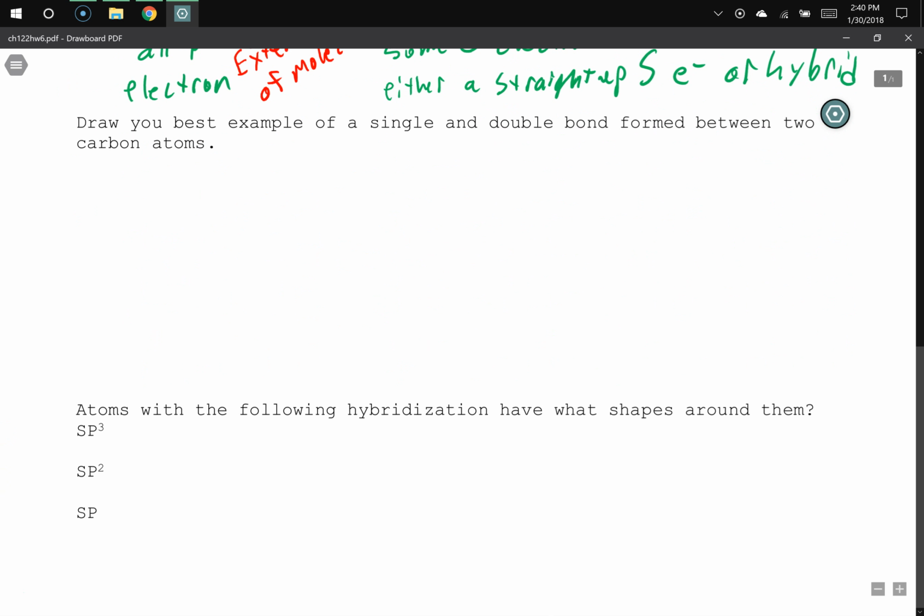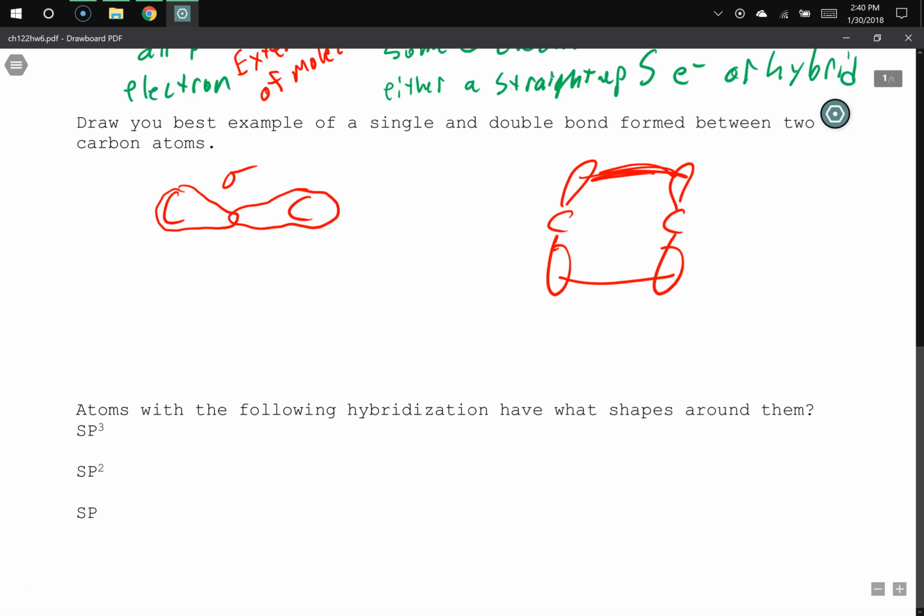For this one, I was thinking something like this for a sigma bond. For a pi bond. So we can see that it's interior, and we can see exterior.